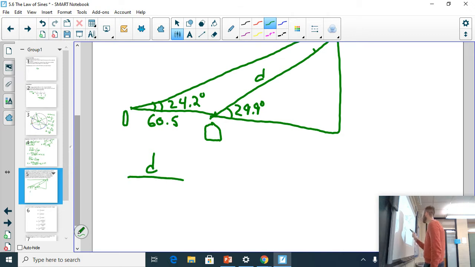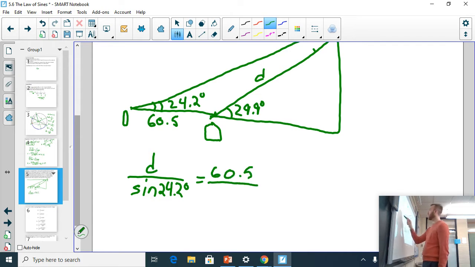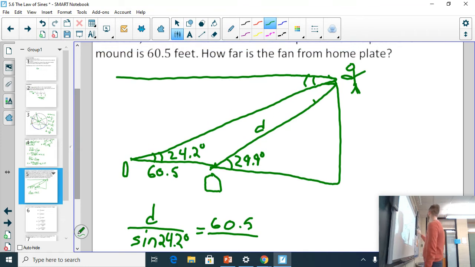We have D, and then the law of sines will say over the sine of 24.2 degrees. And now the only other piece of information we have is this 60.5. So let's use that. But then over the angle right here.